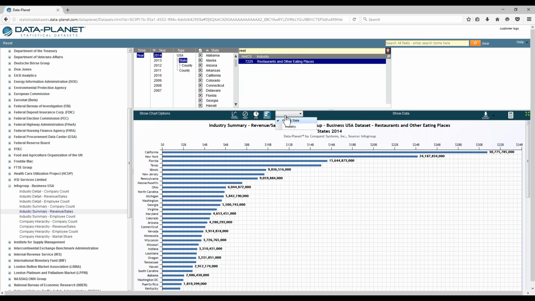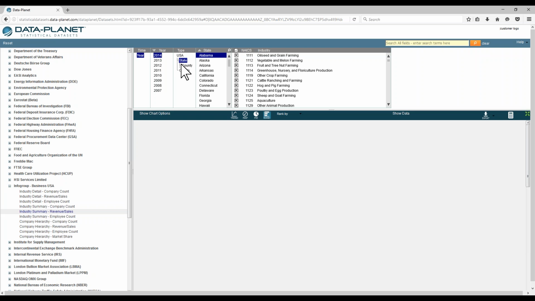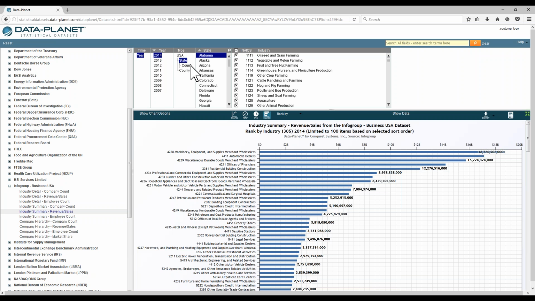But if you change the rank by to look by industry, now I can select the nation, state, or county, and I can look at a cross-section of the revenue and the employment for, in this case, the state of Alabama. So machinery, equipment, and supplies, at least based on revenue, is the largest, most significant revenue generator in the state of Alabama.